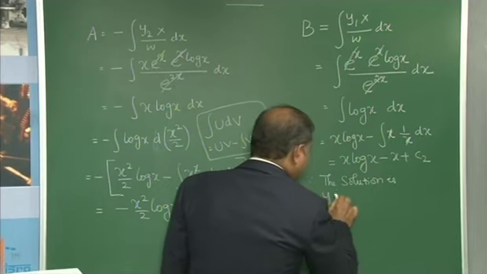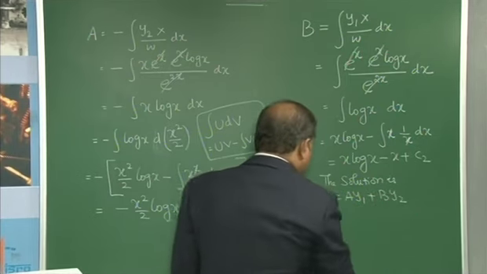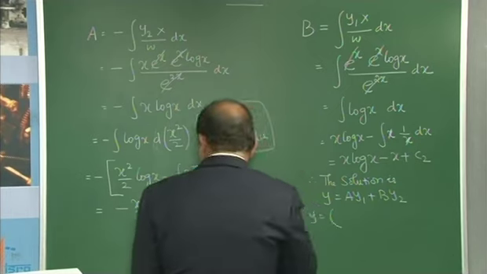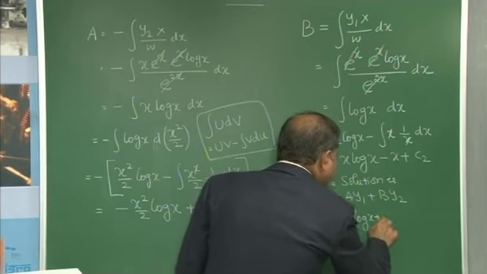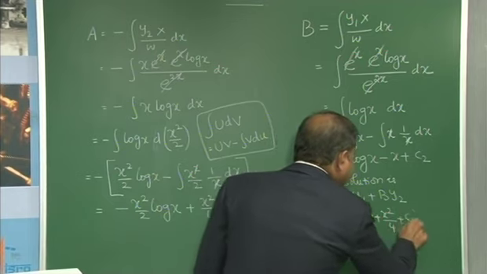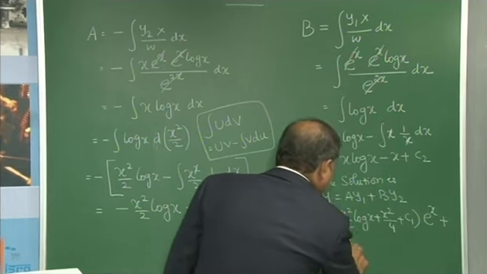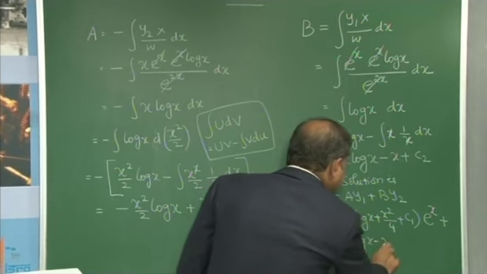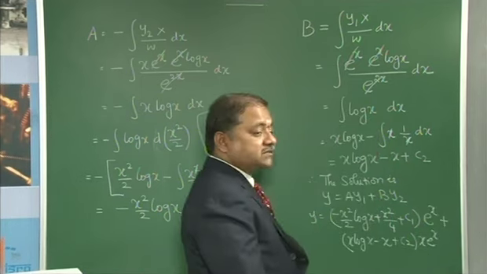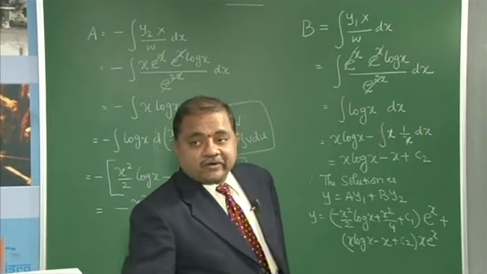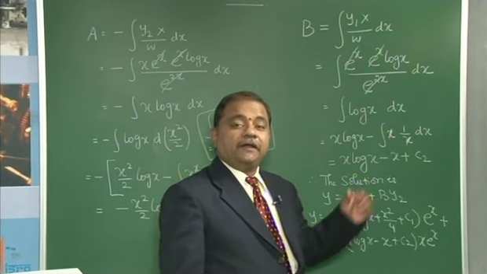y = A y1 + B y2. That means the value of A, minus x²/2 log x plus x²/4 plus c1, into e^x, plus (x log x − x + c2) into x e^x, that is the solution. As I also told in the last class, your CF is available in the solution.